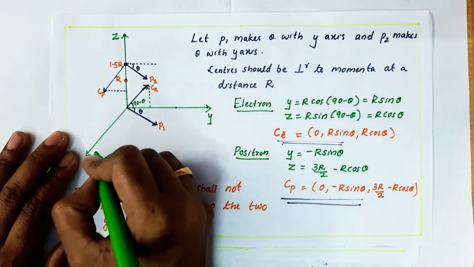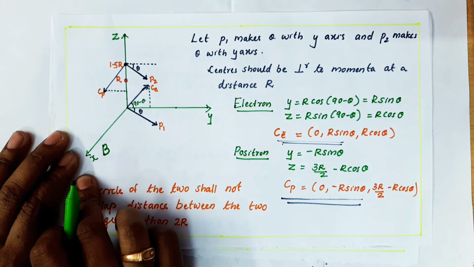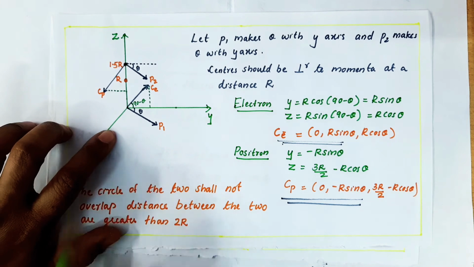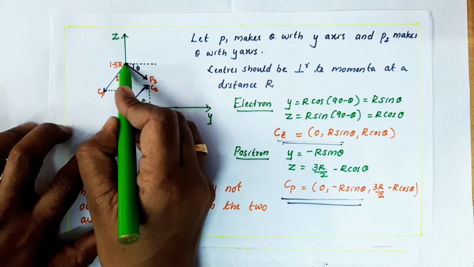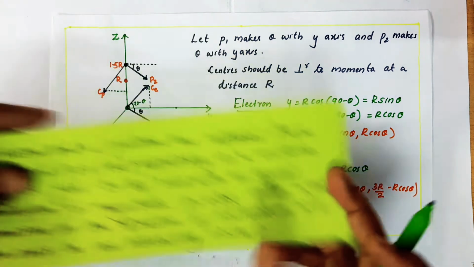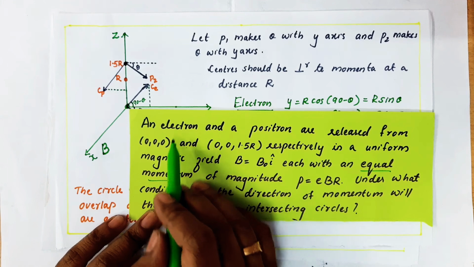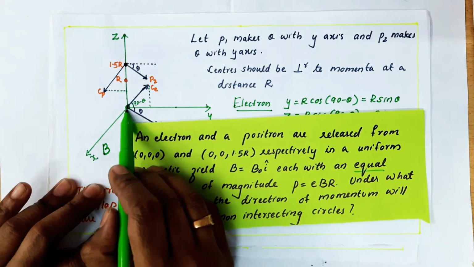Now, you have already seen that the magnetic field is along the x-axis. One particle is the electron, the other is the positron. Check here: the electron is at (0,0,0), so I keep the electron here.